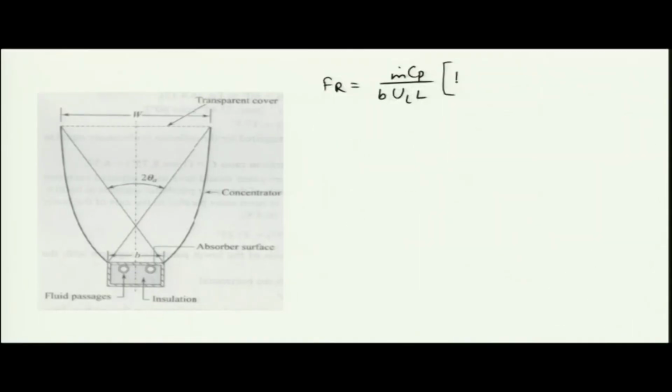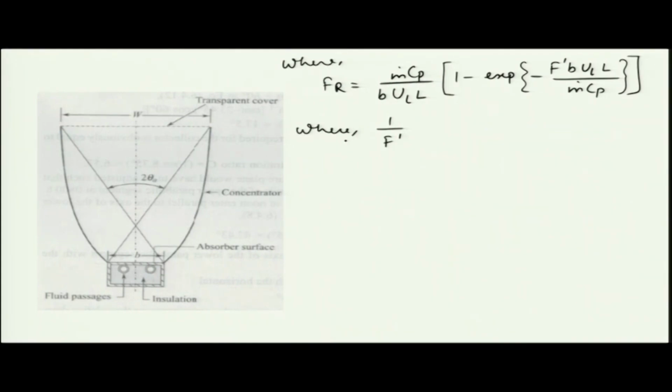The rest of the expression is very similar, minus F prime B UL L divided by m dot Cp. So, F prime is what? It is the collector efficiency factor, right? And for that F prime, I should write where, and here again where.